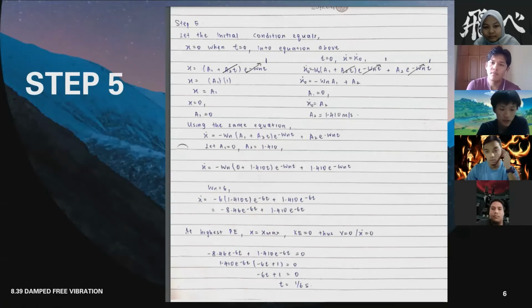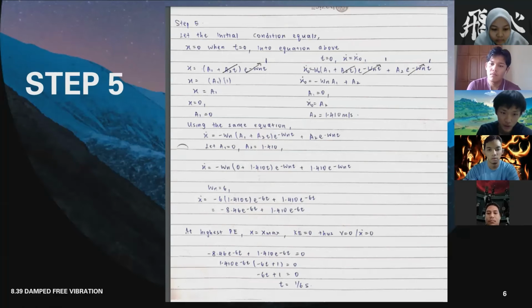Thank you, Dia. For the next step, we'll continue with the initial condition where we assume that when t equals 0, x equals 0, and x dot, which is velocity, equals the initial velocity, indicated by x naught dot.